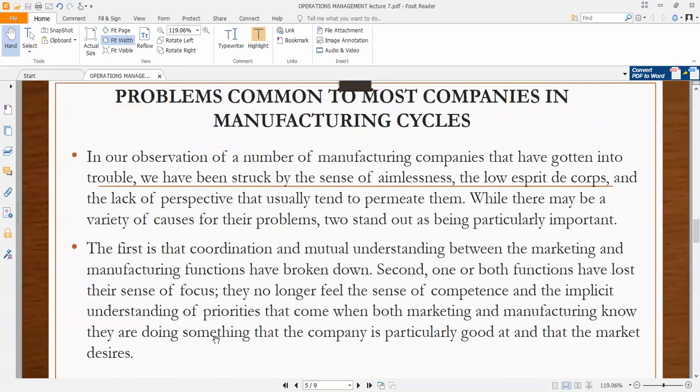Now, here the first problem is that there is supposed to be a mutual understanding between the marketing and the manufacturing functions. Okay, there is actually a problem.